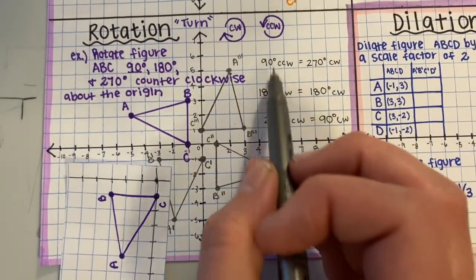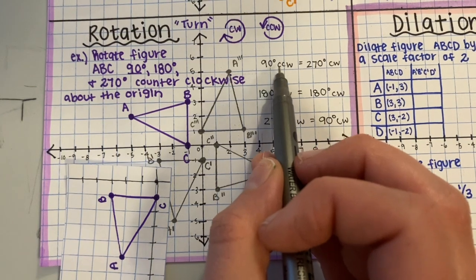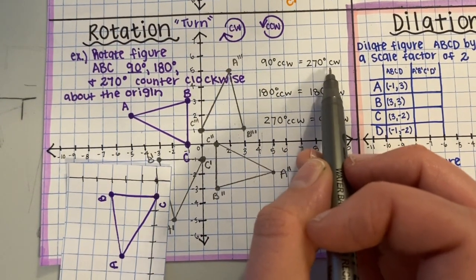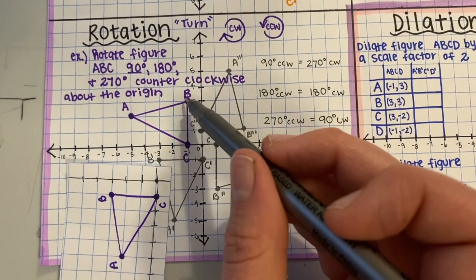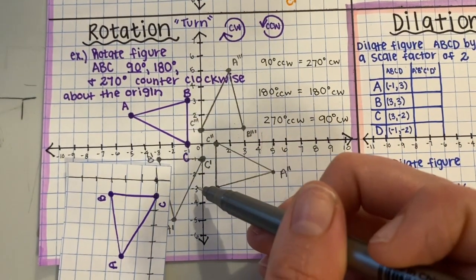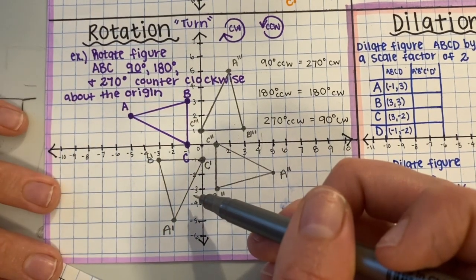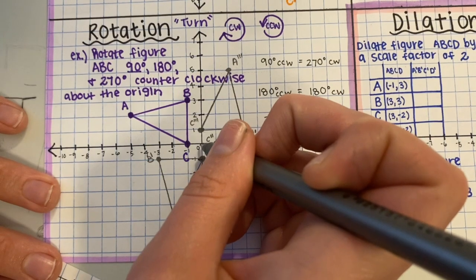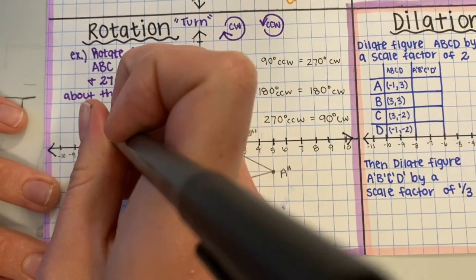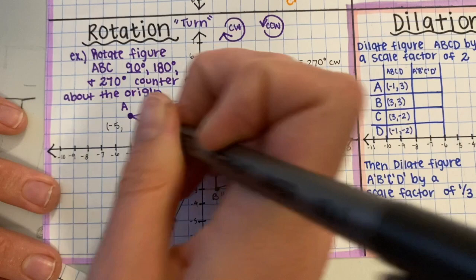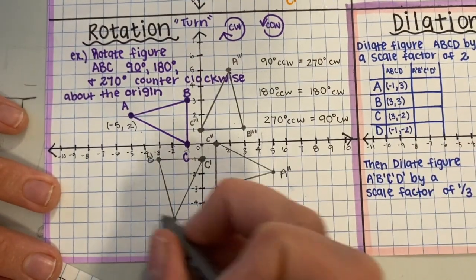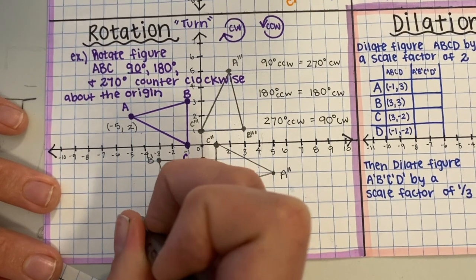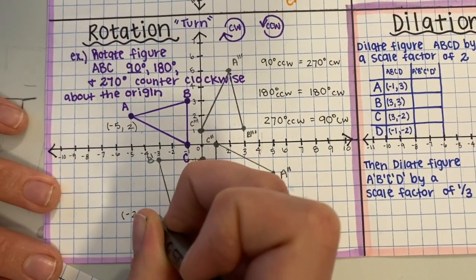What happens when you have a 90 degree counterclockwise or a 270 degree clockwise is you are looking at the rotation from here to here. So what happens to your coordinates is you can just look at what happens from A, which is at -5, 2, to A prime, which is at -2, negative 5.